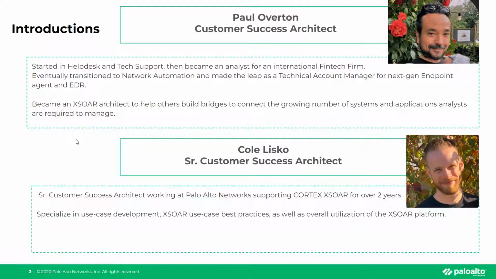So I've seen a lot of things in my career here, and now I saw the need for bringing all of these different pieces of the puzzle together. So that's really the reason why I joined XSOAR, to help people build those bridges, right, and connect the different systems, make sense of all the data amidst the noise.